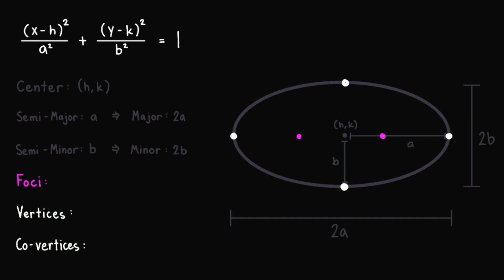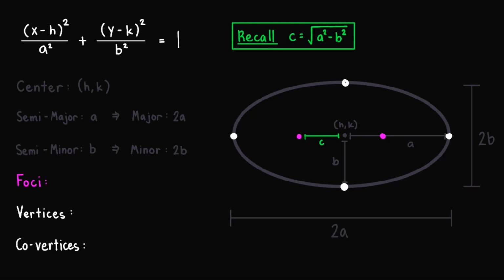So for the foci, how do we obtain them from this equation? The key thing to remember is that we know the length out here, which is represented by c. This length is given by the square root of a squared minus b squared. How did we obtain this one?